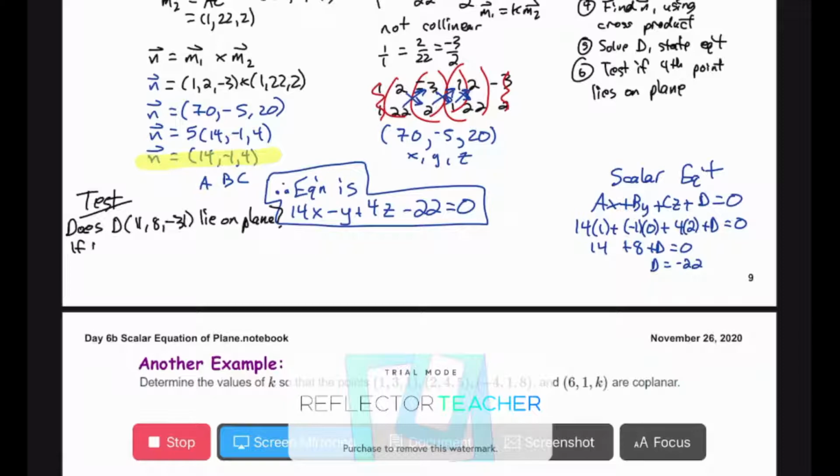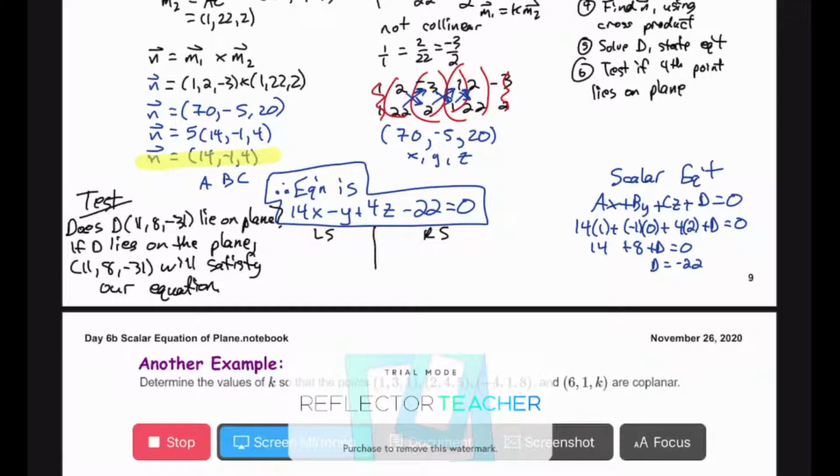So if D lies on the plane, then 11, 8, negative 31 will satisfy our equation. So if I plug those values into the equation I just found, I'll have a valid result. So let's do our left side, right side check.